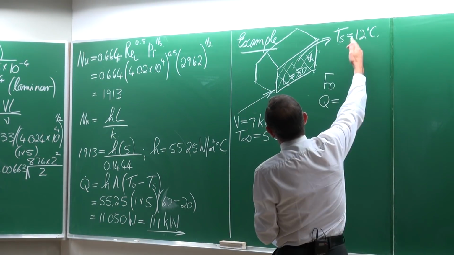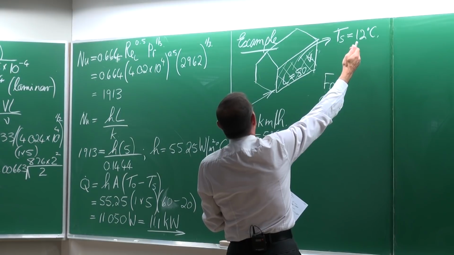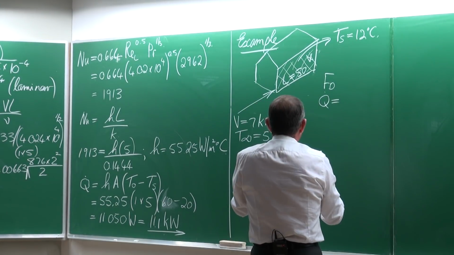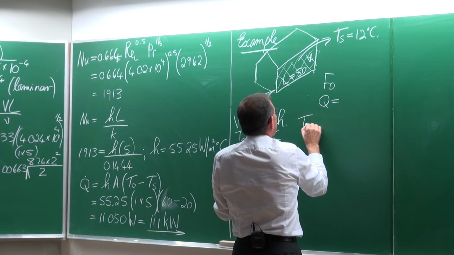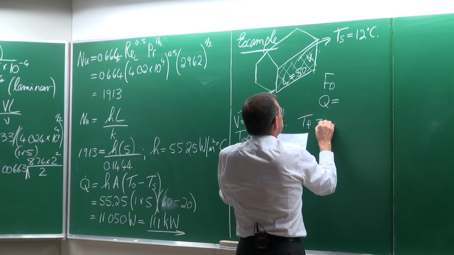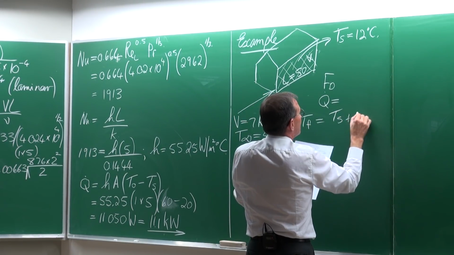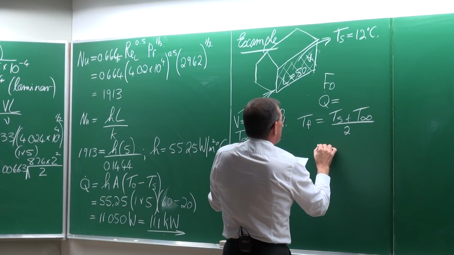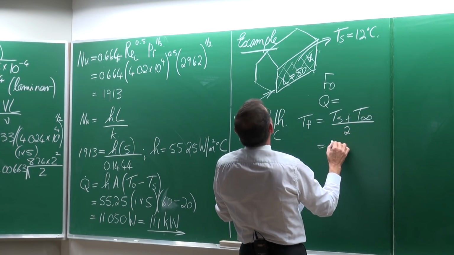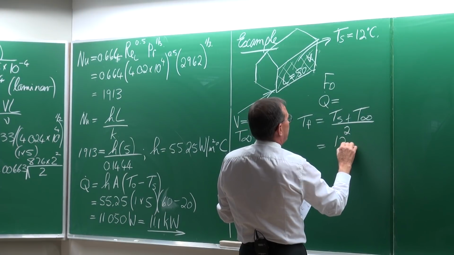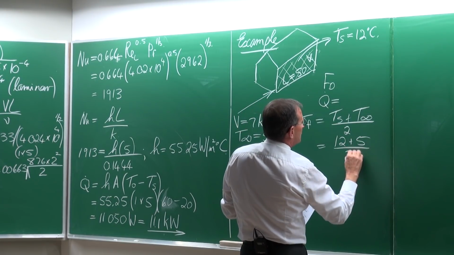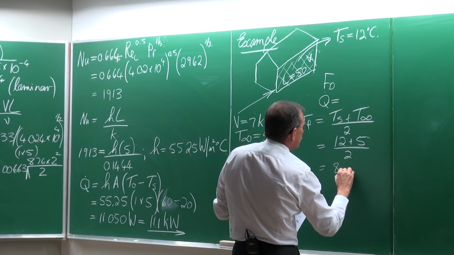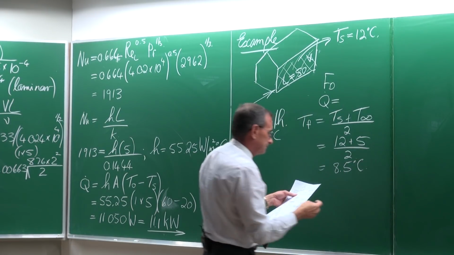Which temperature? Well, we've got 12 degrees and we've got 5, so we are going to use the film temperature, which is the surface temperature plus the wind temperature divided by 2, and that is 12 plus 5 divided by 2, that's 8.5 degrees Celsius.